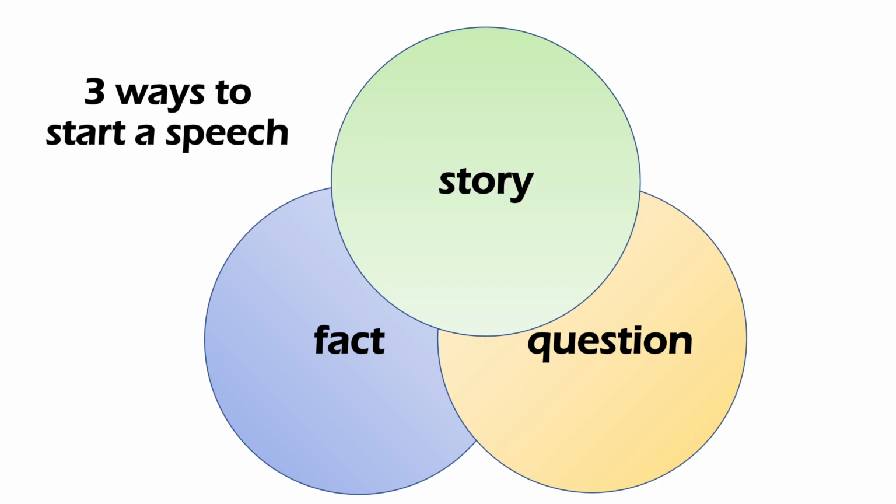Okay, and then get ready to move on, right? Now, the last idea, and the one that Conor Neal thinks is the best, is a story. So you begin with a story. All right, so these are the 3 ways: a story, a fact, or a question.